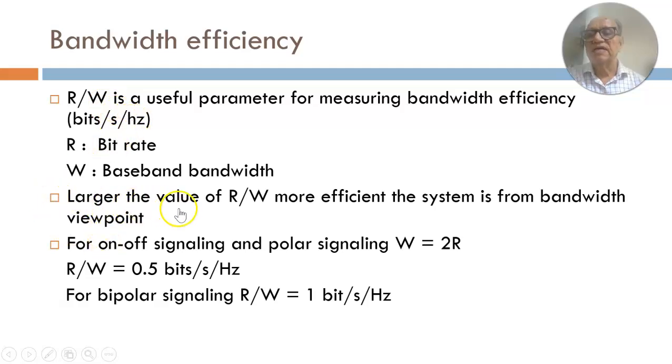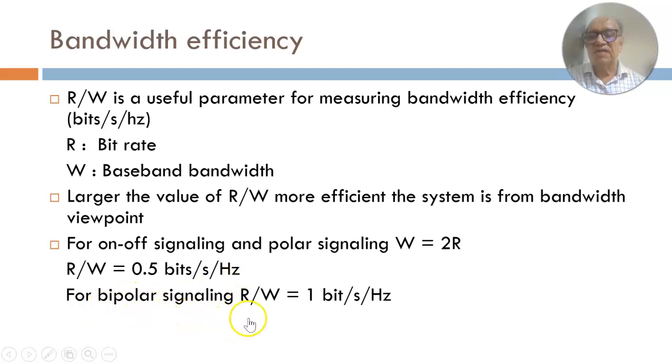Okay, so clearly the larger the value of R by W, the more efficient the system is from the bandwidth viewpoint, or the signal. In this case, we are talking about signals. So for on-off signaling and polar signaling, W was equal to 2R, that is the bandwidth. So R by W is 1 by 2, that is 0.5 bits per second per hertz.